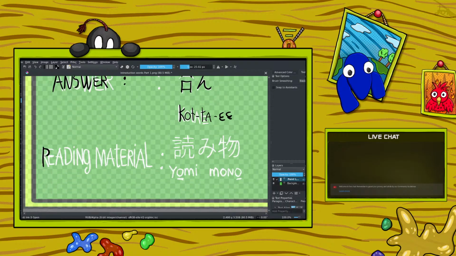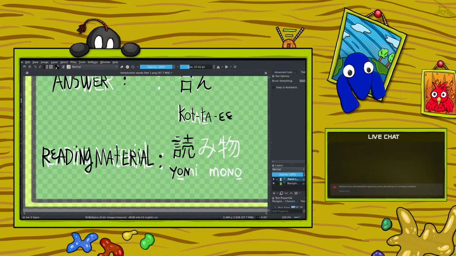Then we have, of course, reading materials. Materials. Yomi Mono.